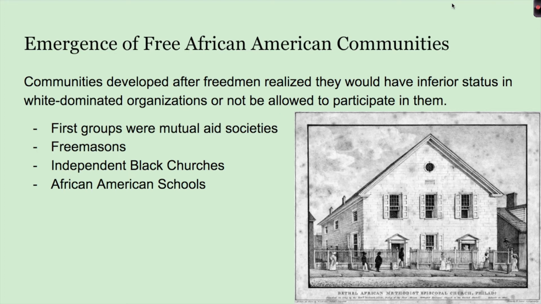We will start to see more segregated seating, which will lead to forming separate African American congregations. And so this will end up leading to the rise of those independent Black churches.